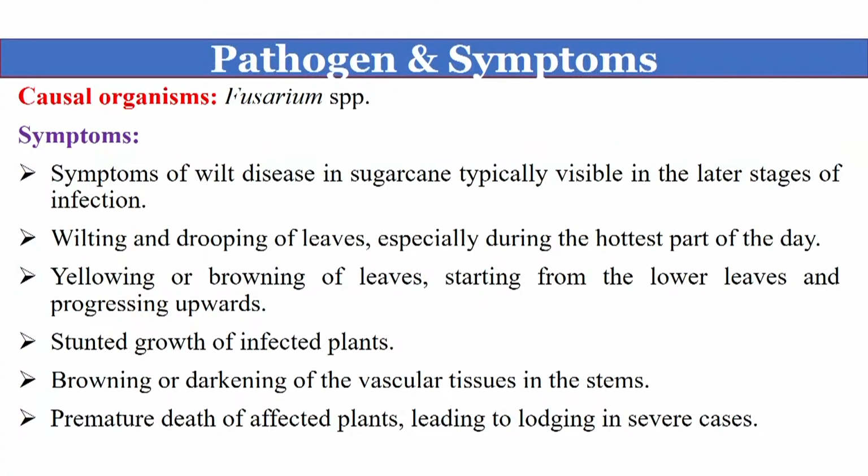In the later stage of infection, there is complete wilting and dropping of the leaves, especially during the hottest part of the day, and yellowing and browning of the leaves starting from the lower leaves progressing upward, and stunted growth of the infected plants. Sometimes there is browning to darkening of the vascular tissues in the stem when you tear it, and premature death of the affected plants, leading to lodging in severe cases.